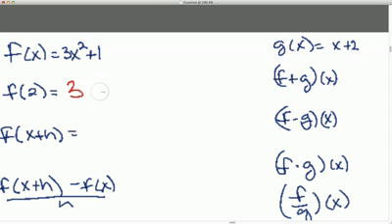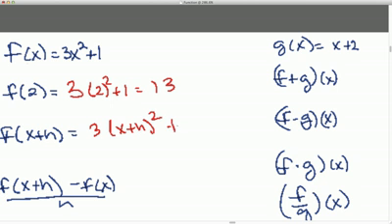Instead of x, we need a 2 there. So we have 3 times 2 squared plus 1, which gives us 4 times 3 is 12, plus 1 is 13.